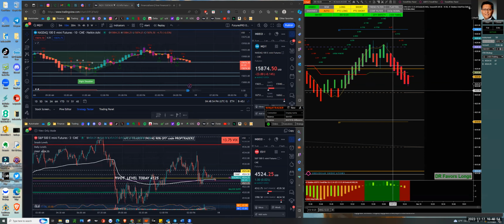So what this does is allow me to have a very limited loss potential, which is 3 points each on 2 contracts. It's $12.50 per tick per contract, which brings it to $50 per point.